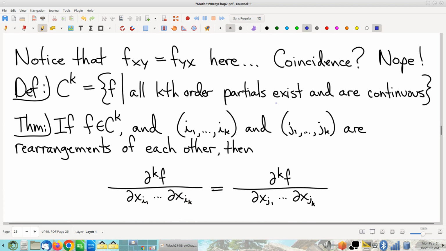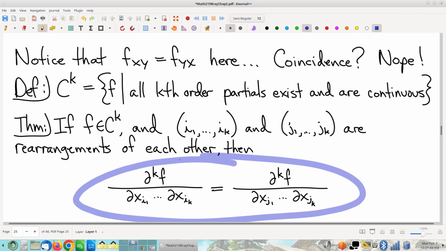So let me get to the punchline, and then I'll go back and talk about the conditions in just a moment. This is a fancy way of saying that you can put these partials in whatever order you like. You can move them around in whatever order you like, and it makes no difference in terms of the result. It, of course, does make a difference in terms of what it says that you're doing.